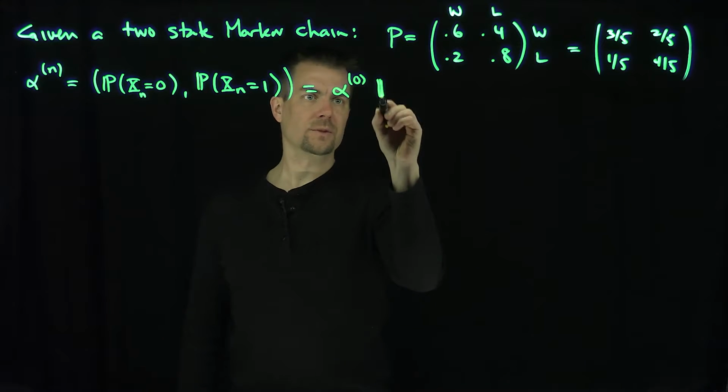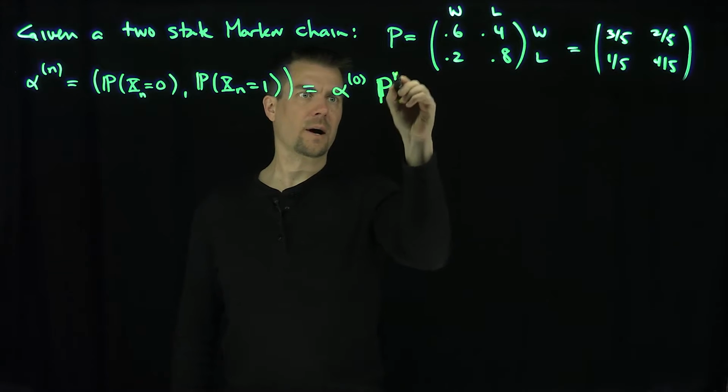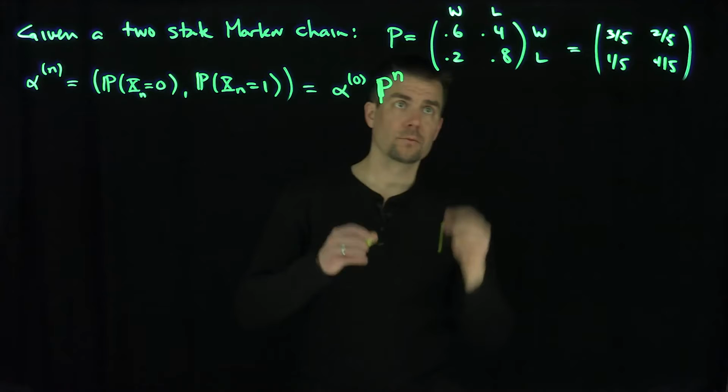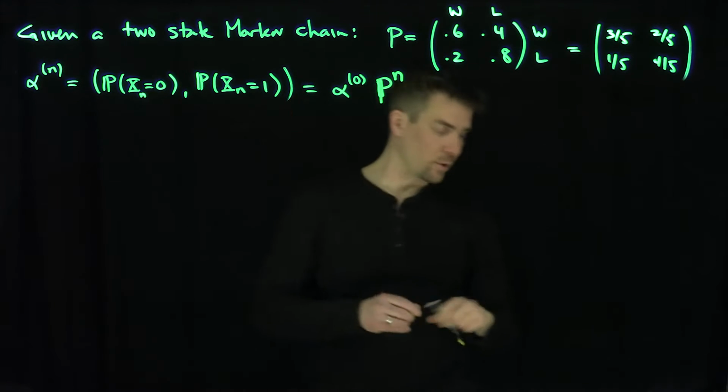So I'd like to find the matrix P to the power n, and then figure out what the long-term distribution is going to look like.